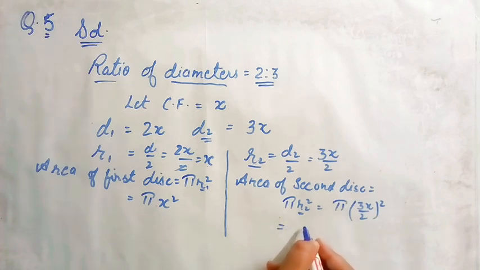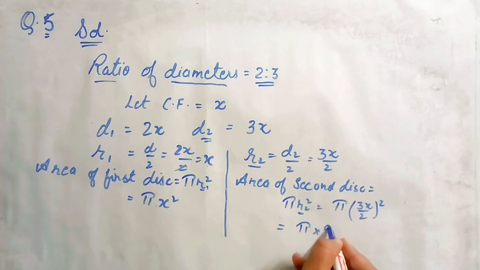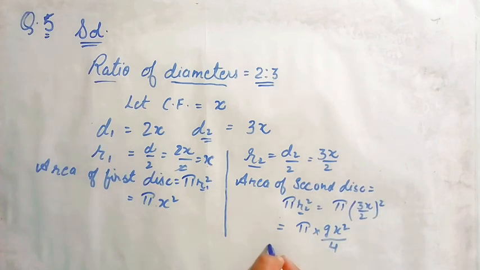Simplify it: pi as it is, multiply by 3 square, 9, x square as it is, upon 2 square is 4. This will be equal to 9 pi x square upon 4.